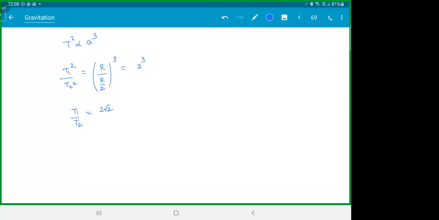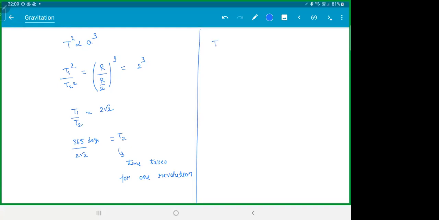So T1 is the initial time, which is 365 days in a year. This is T2. But what is this T2 here? T2 is the time taken to complete one revolution, so this is the time taken for this entire ellipse. But we're interested only in the one-way journey, right?